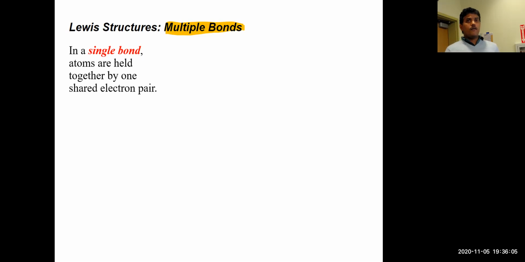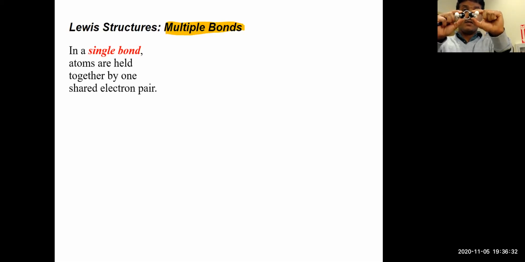So when you draw Lewis structures, there is a possibility that an atom will make, I have a couple of models here, I can use them now. An atom can share electrons with another atom through a single bond. This is what a single bond is. Another possibility is an atom can make bonding with another atom through multiple bonds.